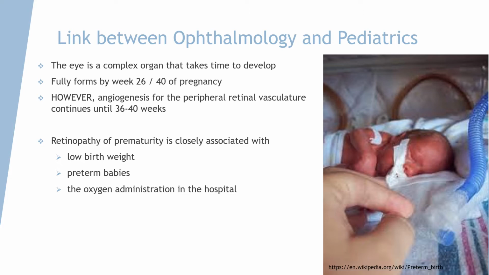The eye as an organ fully forms by week 26 out of 40 of pregnancy, but angiogenesis for the retinal vasculature needs to continue developing its intricate network up until 36 to 40 weeks until delivery.